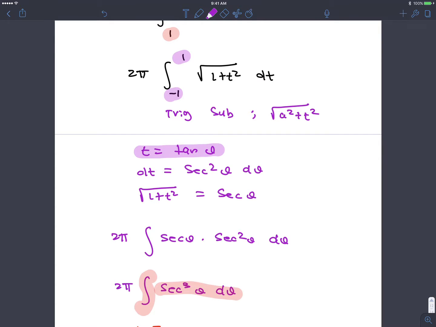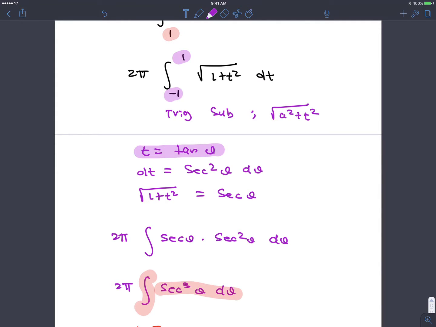Does anybody see anything interesting here? Can I do anything here with this? I'm just curious, is this integral an even integral over a symmetric interval? Anybody know what I'm talking about?